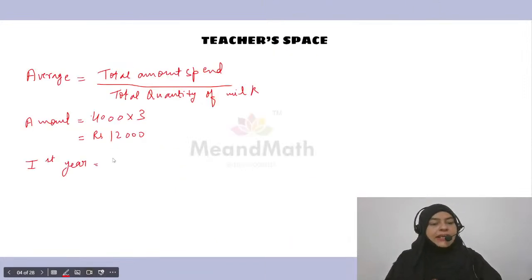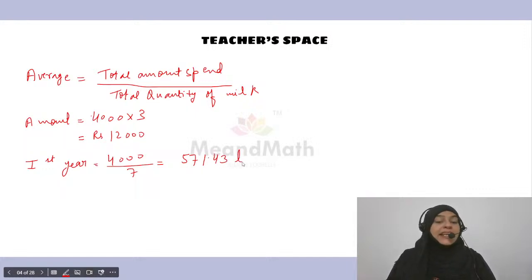So let's divide it. When we divide 4,000 by 7, we get 571.43 liters. So this much milk he bought in the first year.